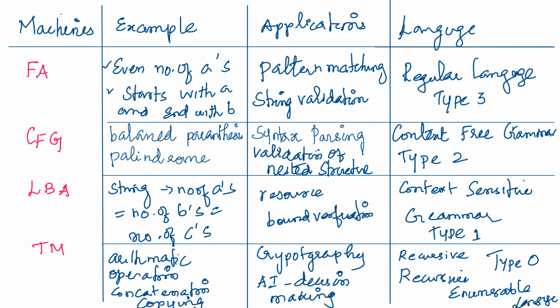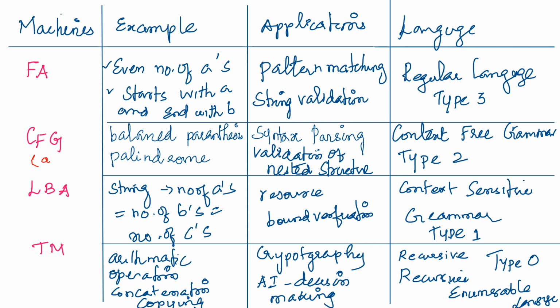And for context free grammar, here we are applying pushdown automata. Generally we use a matching concept, for example balanced parentheses. We have to match from one side and come back to the other end.